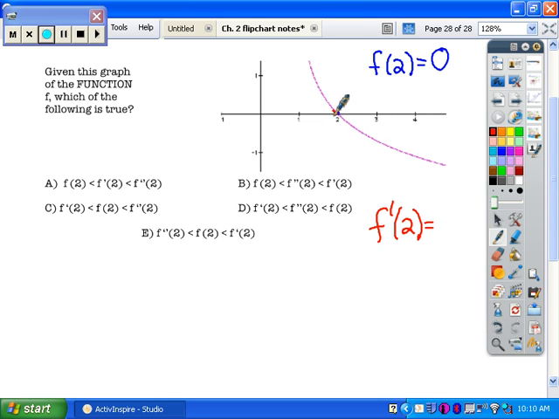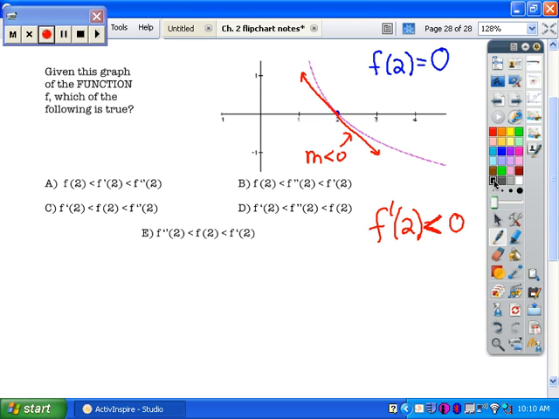So I draw the tangent line here, and I look at this slope. What do I know about that slope? It's negative. That might be enough. So I'm just going to say slope is negative at 2. If it really came down to it, I could maybe estimate that to be about -1. But I'm just going to say slope is negative for right now at 2.